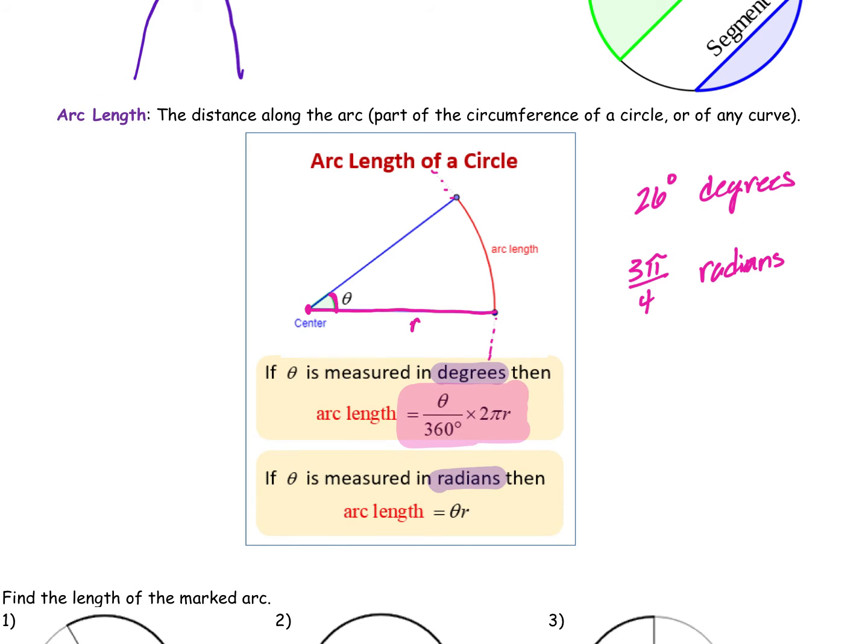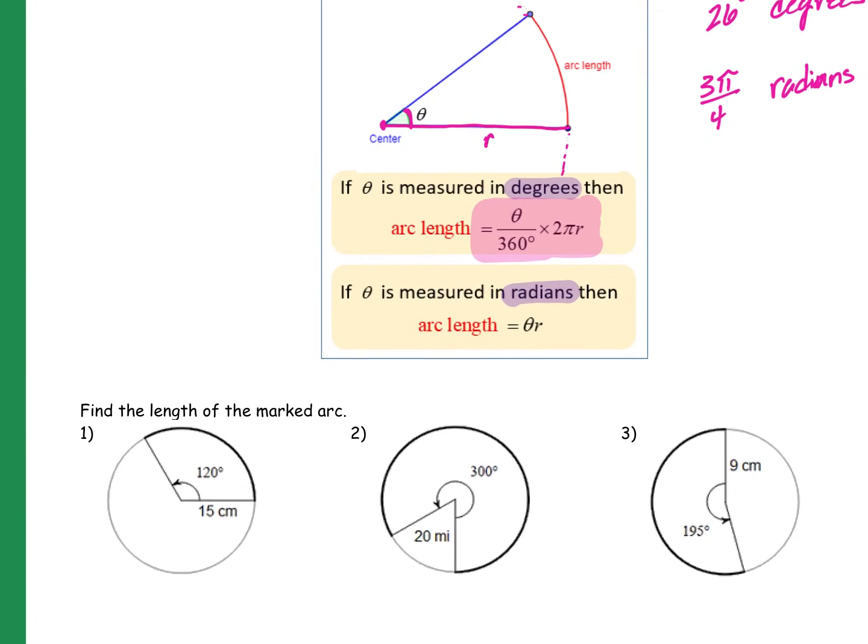Remember, the circumference of my circle was 2 pi r. So I'm going to take the circumference of my circle and multiply that by my angle divided by 360. 360 is the number of degrees in the circle.